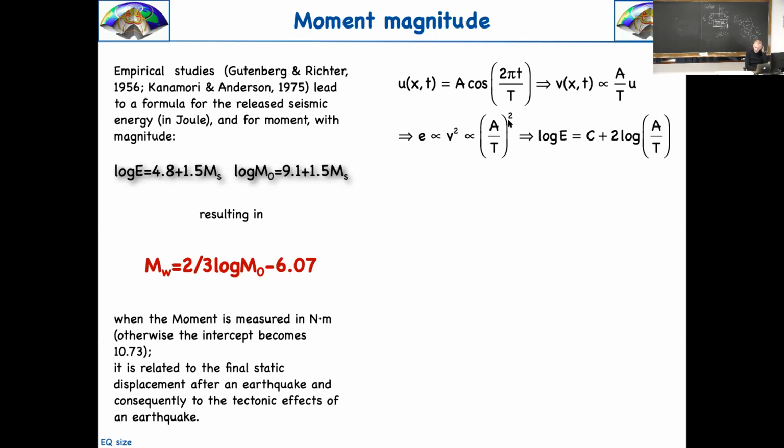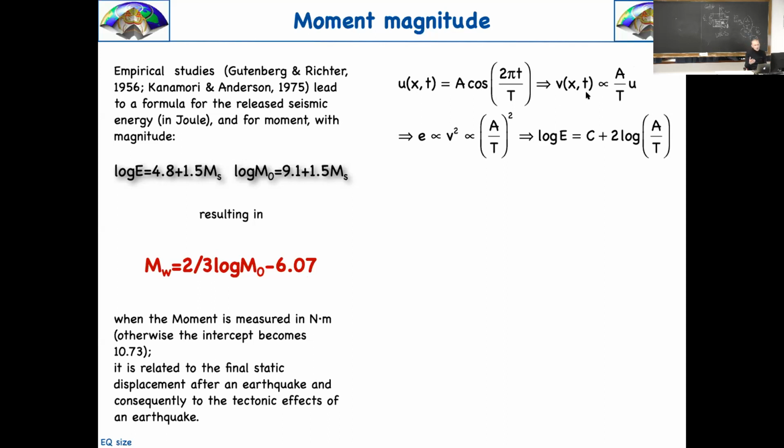Here I'm simply adding one idea that was in the background at those times. It is related to one of the attempts that Gutenberg and Richter made to see why the energy of an earthquake was connected with, for example, A over T. Because if you take a harmonic signal like this one here, and compute velocity, you get an A over T. Of course, you have an omega there.